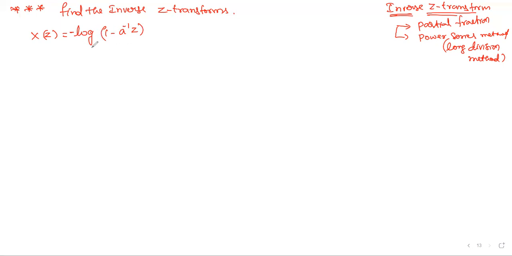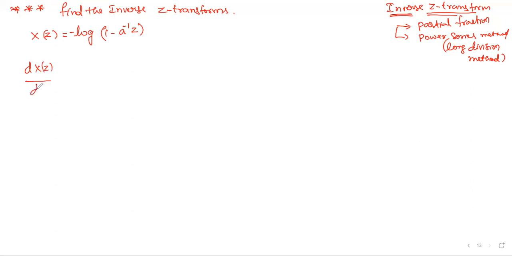Whenever they ask you to find the inverse Z transform for a logarithm only, this is the special case. For the remaining problems we need to use the partial fraction method and power series method, but only for logarithms we need to follow this way.